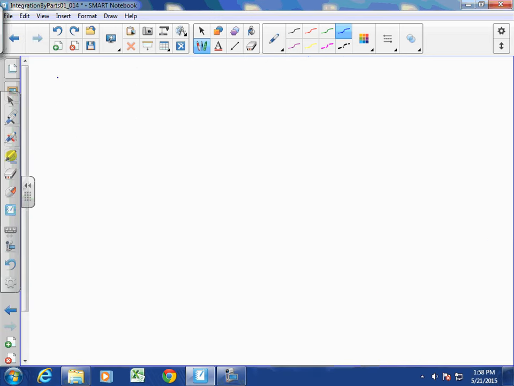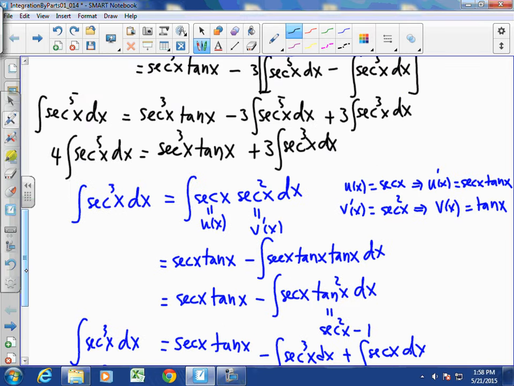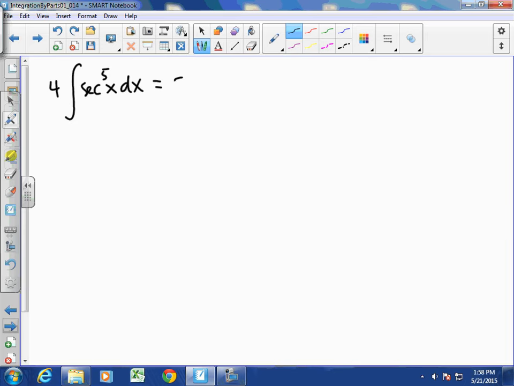We had 4 integral of secant to the fifth x dx equals secant cube x tangent x plus 3 integral of secant cube x dx.